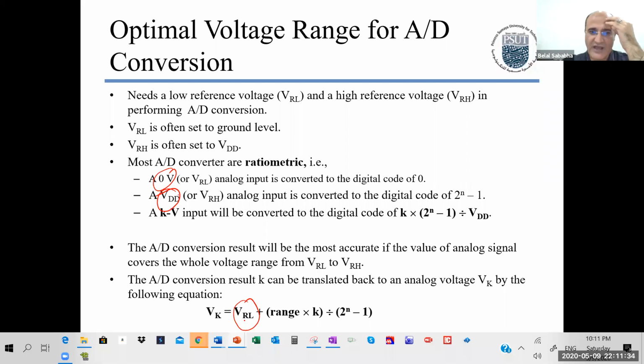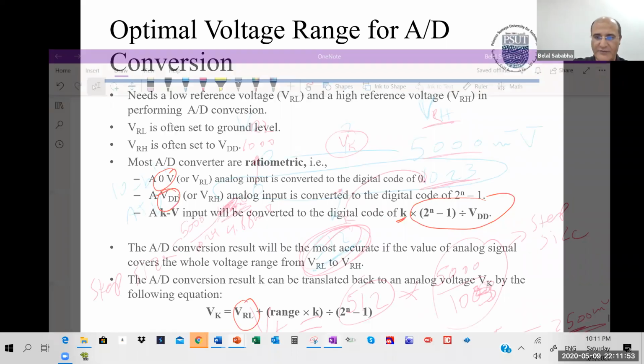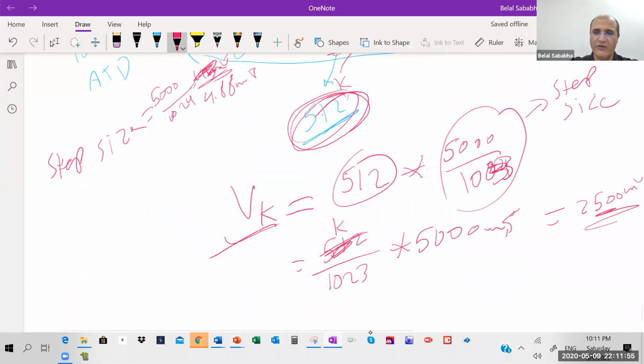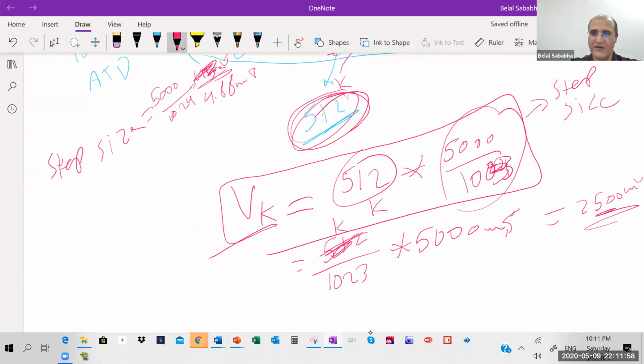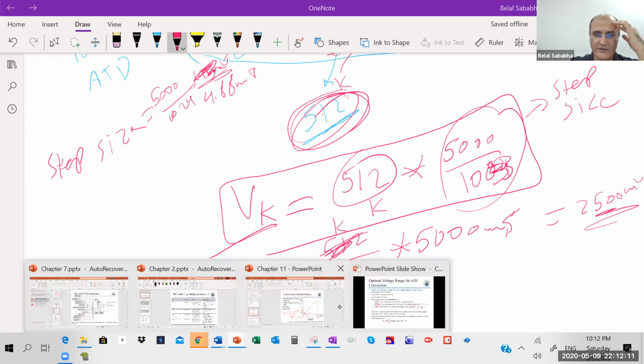In this case, the voltage you read is what we wrote: the reading K times the range over 1023, and this is what we did over here.